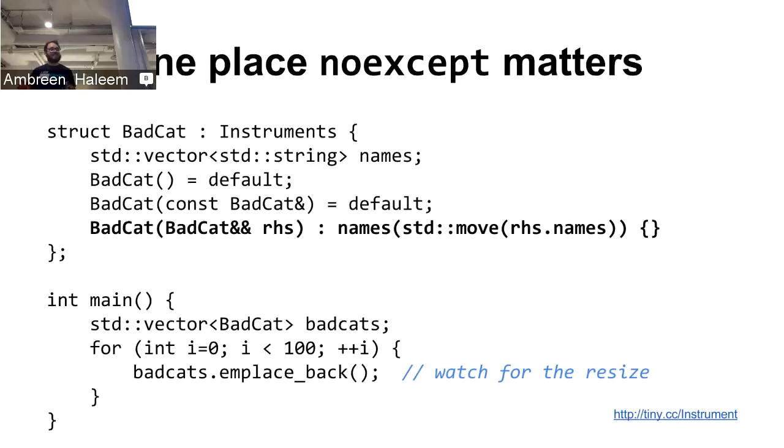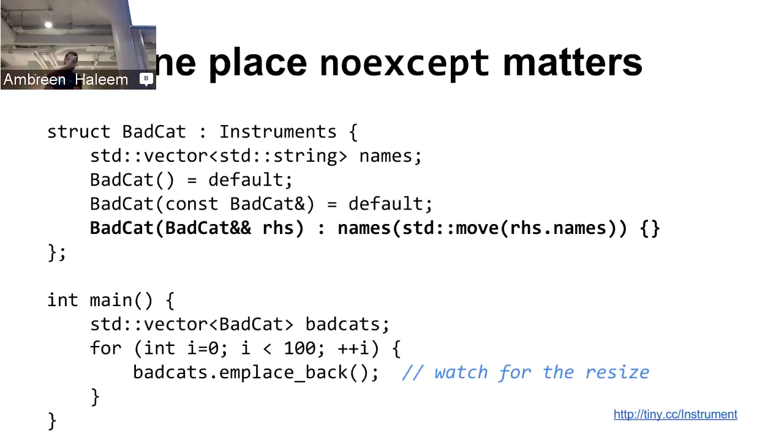And when that happens, it's going to need to move all of the cats from the old vector into the new vector, because it's now reallocated that space. And it should just be able to move all of them. But the problem is, what if one of those moves throws? Then, in order to provide the strong exception guarantee, which vector actually does provide for resizing, we would have to still have the original cats in the old vector so that we could return that.